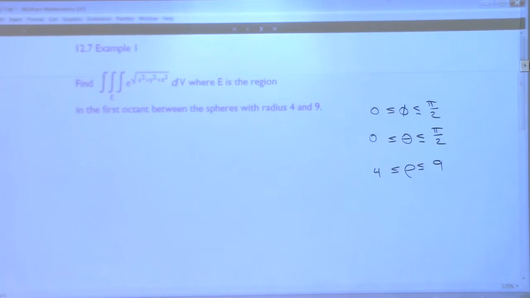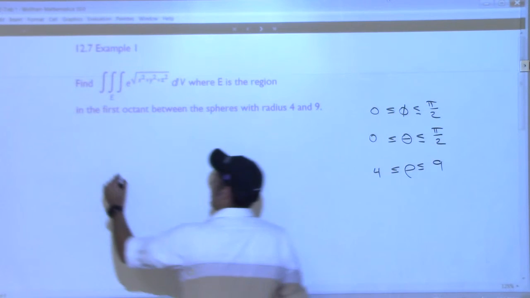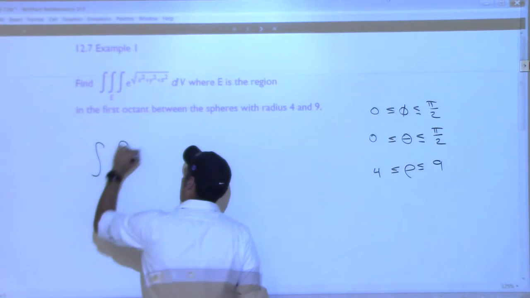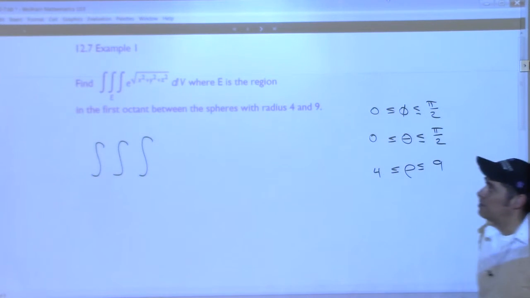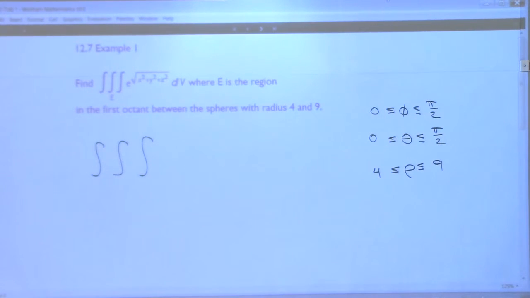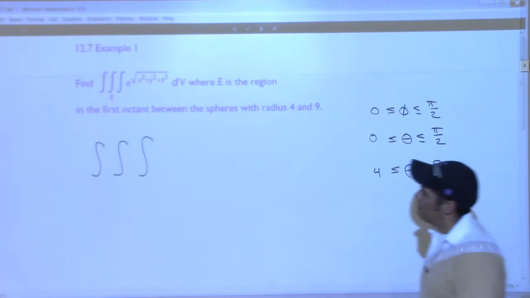So now we can set this thing up. Triple integral, we'll get the limits here in a second. Now I have to integrate e to the square root. Well, what do I do there?